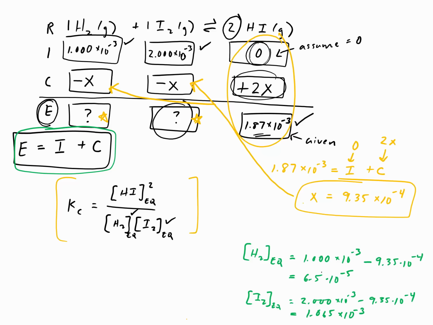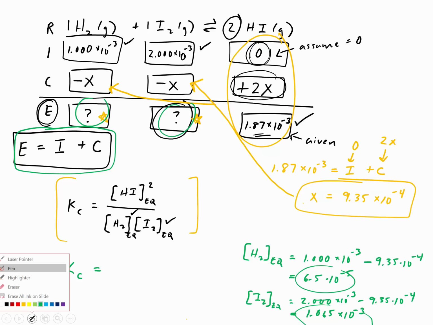So this number goes here, and this number goes here. We know the amounts at equilibrium. So if we plug all these values in for Kc, now that we know what this is, this, and this, we plug those in to here, okay? And I got 51.